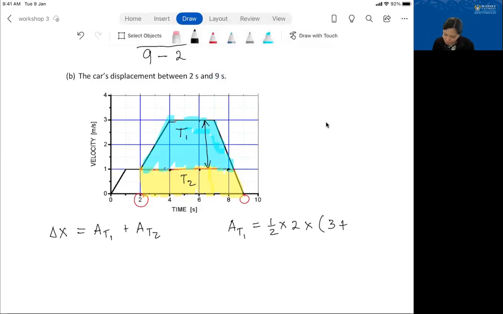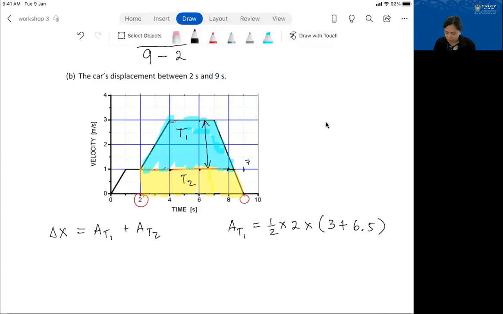So you need to estimate what this length is, and it's about 6.5-ish. Let's just say that's 6.5.